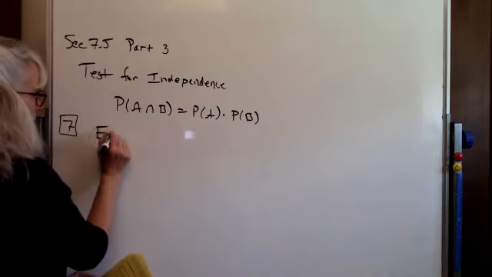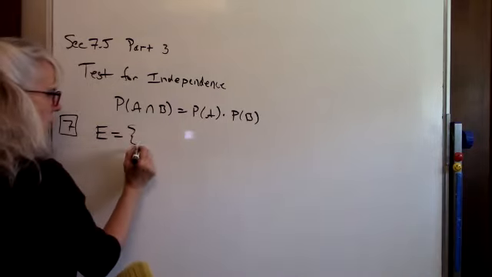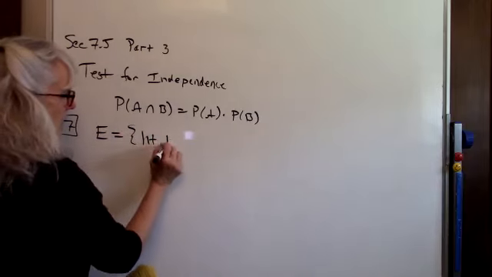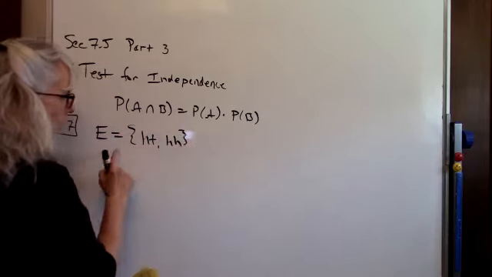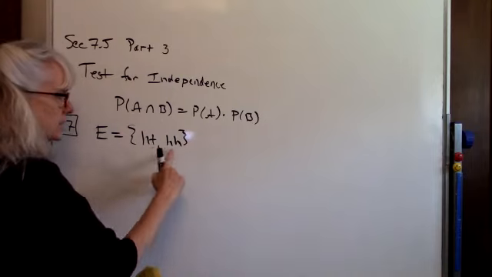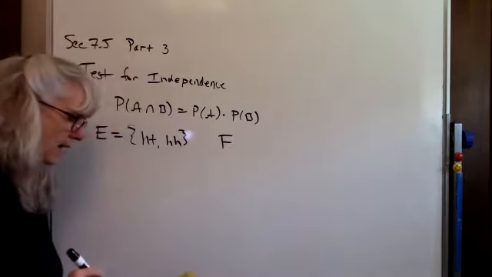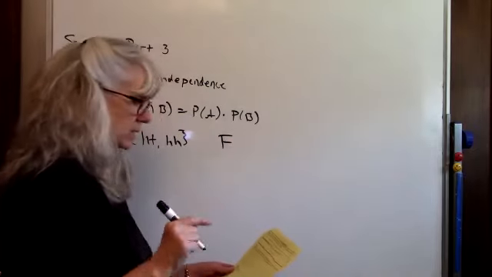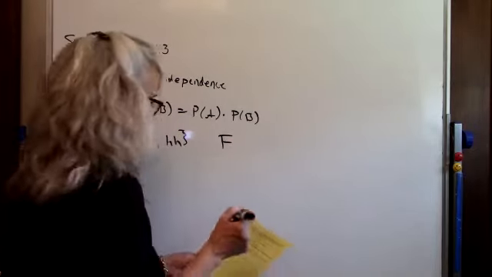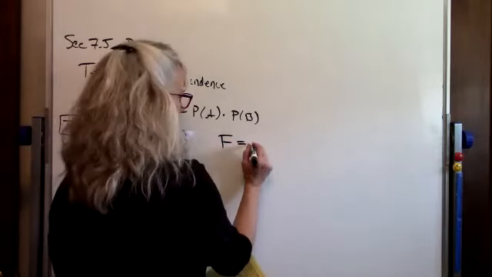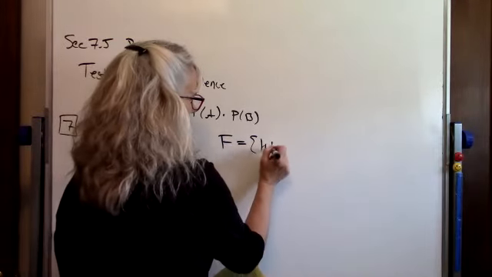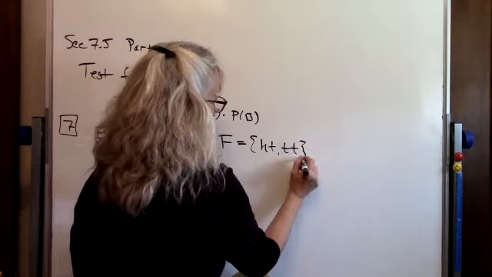So if we were to list those out, that would be a head-tail and a head-head. When I toss a coin and get a head on the first toss, the second would need to be a tail or a head. We're going to let F be the event that we get tails on the second toss. So tails on the second toss, so that would be a head-tail or a tail-tail.